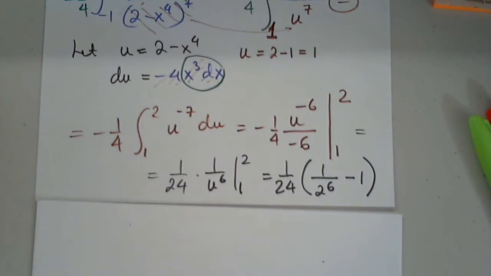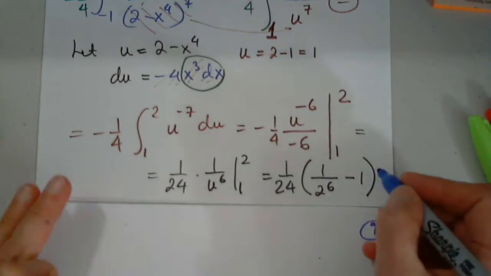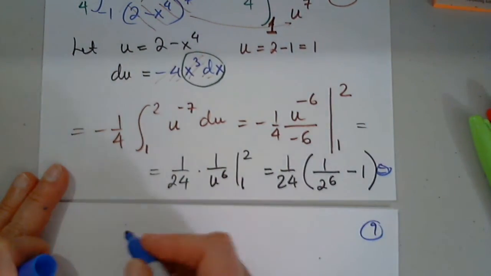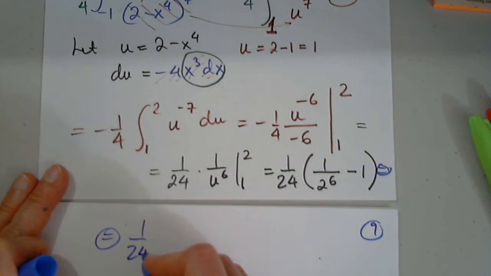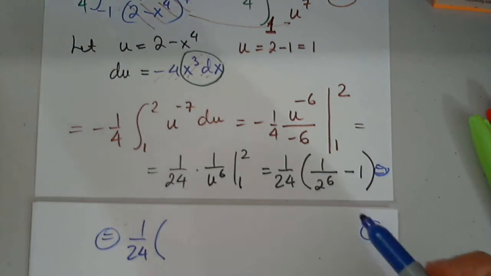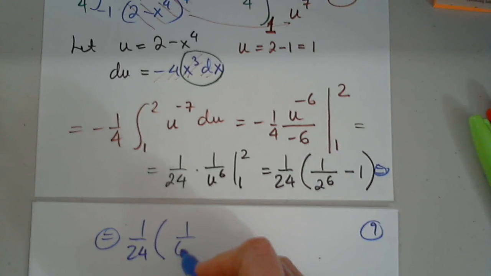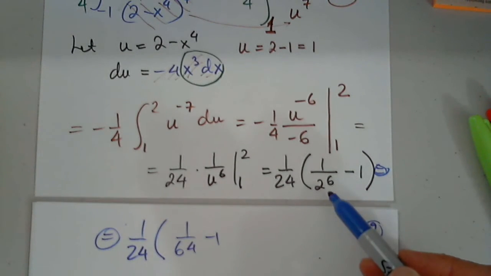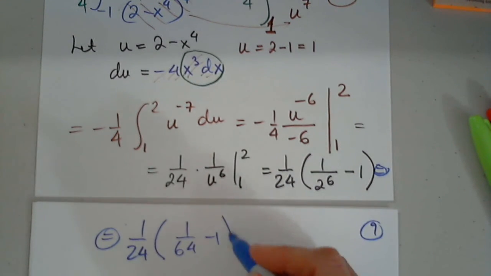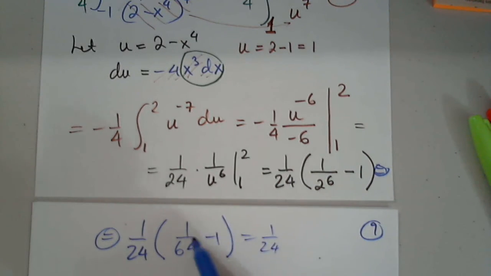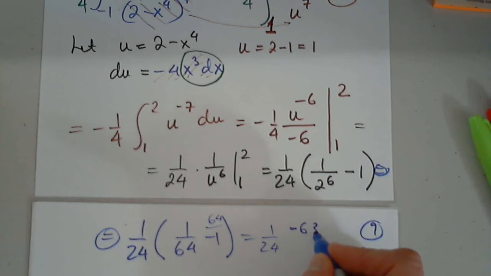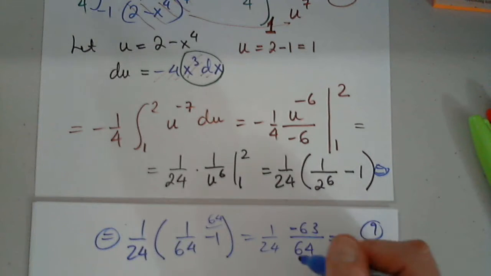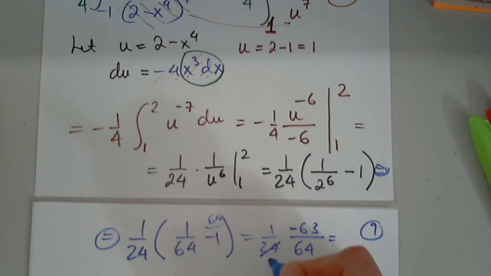From here, 1 over 24. 2 to the 5th, so this is 64 minus 1, because 2 to the 5th is 32, minus 1. So 1 over 24, this needs a 64. 1 minus 64 will be negative 63 over 64. Ugly number, but I can simplify by 3.